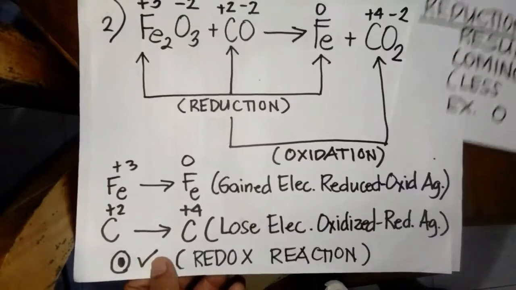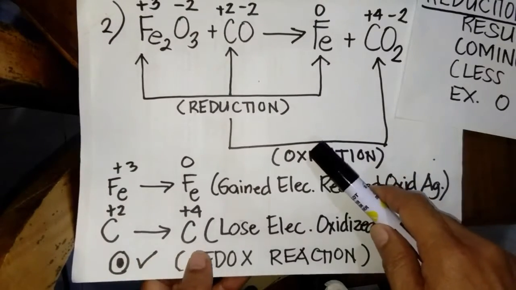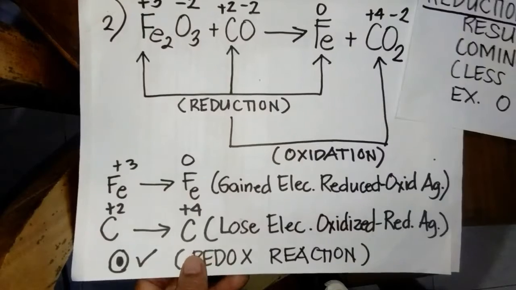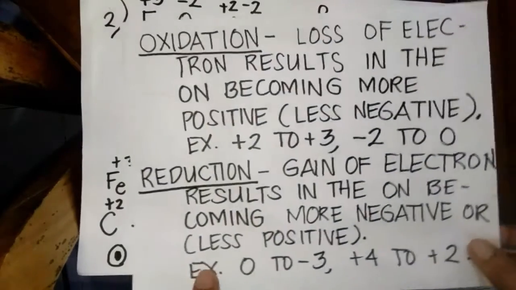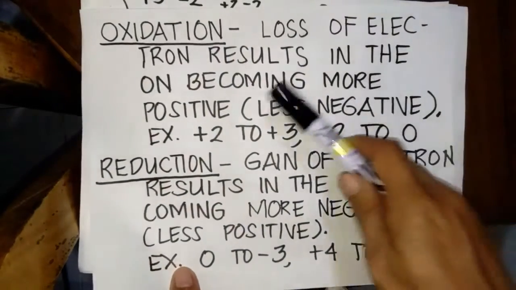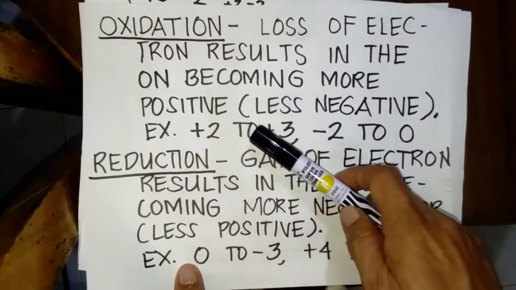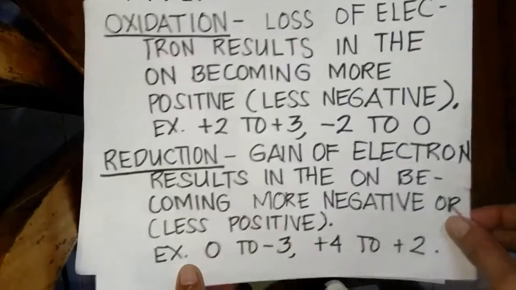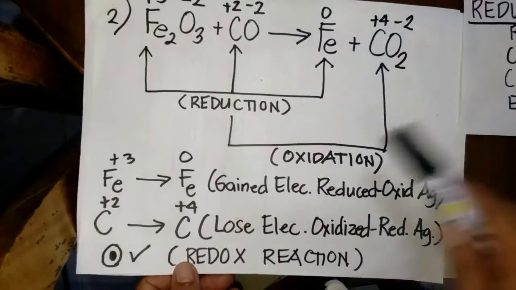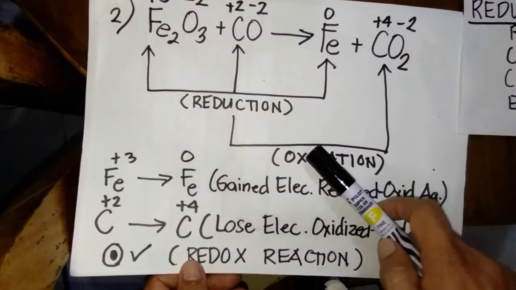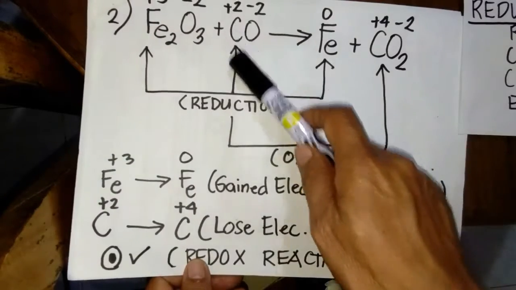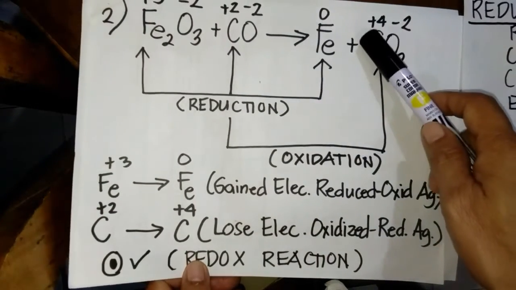It becomes an oxidation when there is a loss of electrons and it results in the oxidation number becoming more positive or less negative. You see here, oxidation becoming more positive from positive 2 to positive 4.